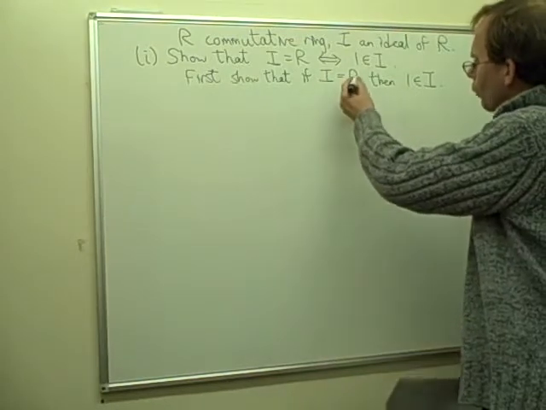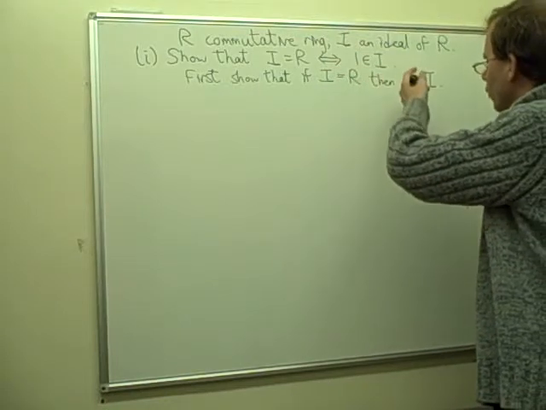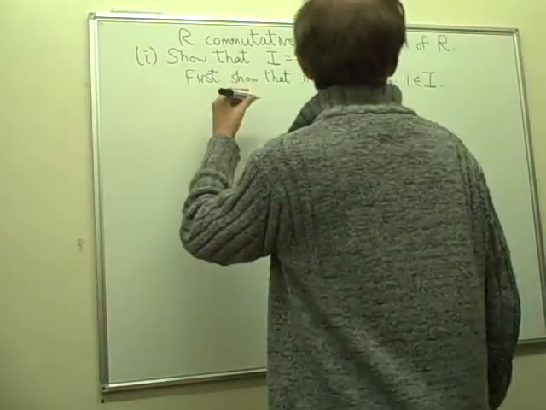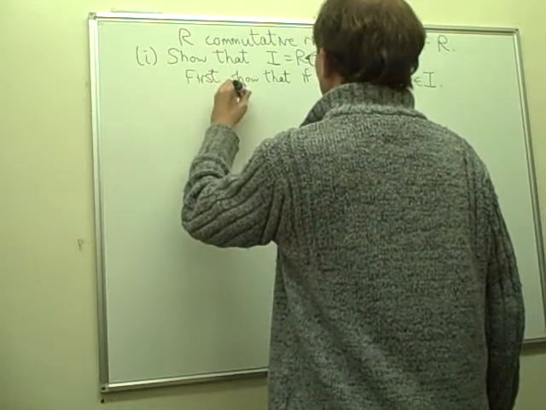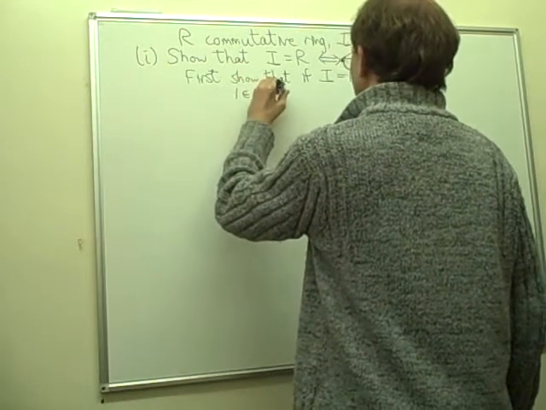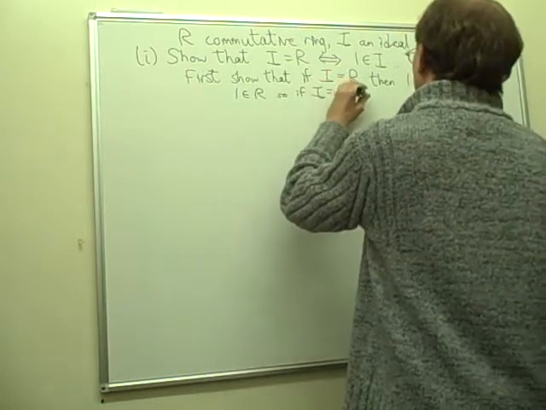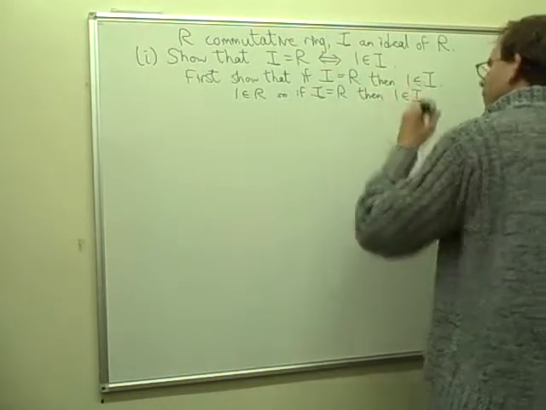If I is the whole ring, well, given that the whole ring contains the element 1, then 1 is in I. So, I mean, all I need to say is that 1 is in R. So if I equals R, then that means 1 is in I.